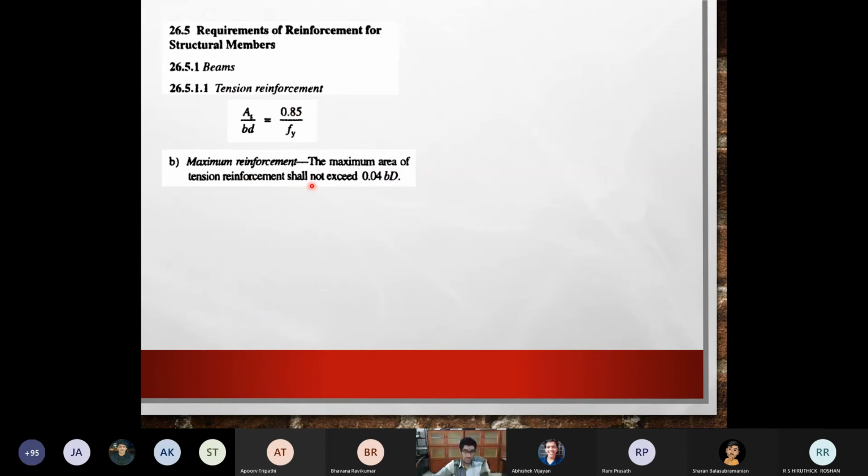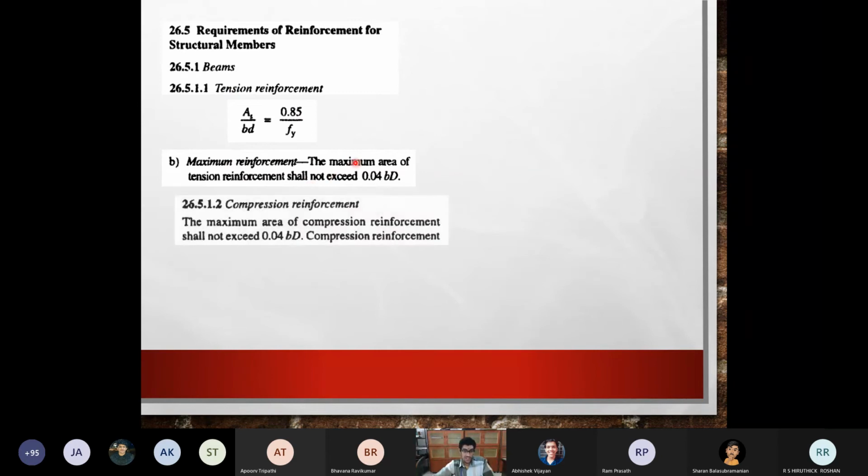Then maximum reinforcement. There is also a maximum percentage of reinforcement which you should not exceed. And this maximum percentage of reinforcement is not the same as the PT limit. If you remember, we had discussed something known as the PT limit. PT limit is the percentage of reinforcement which you should not exceed, so that the beam is under reinforced. The reason for the PT limit is to make the beam under reinforced.